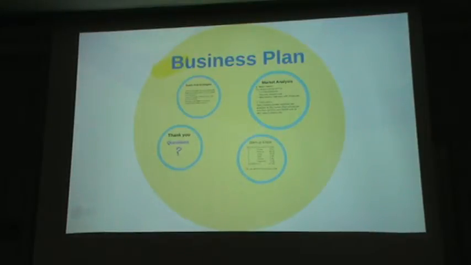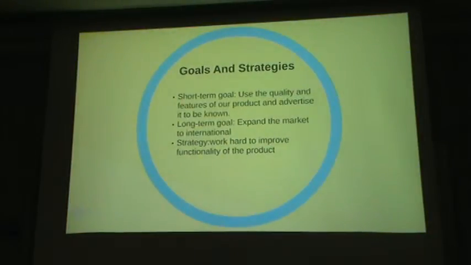And for our business plan, the goals and strategies. For the short-term goal, we use the quality and the features of our product and advertise it to be known in the market. And for the long term, we're trying to expand the product to the international market.